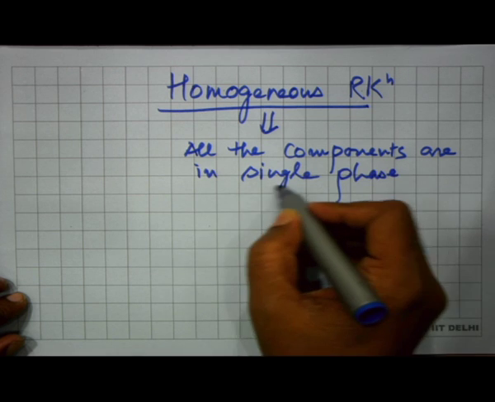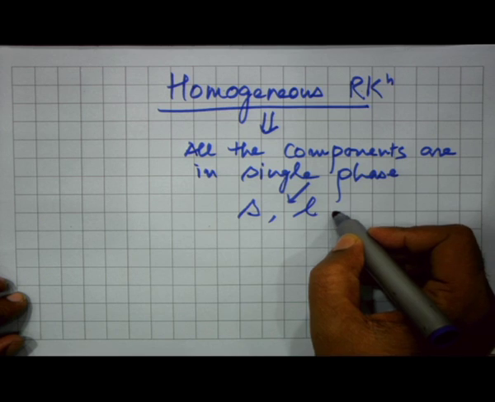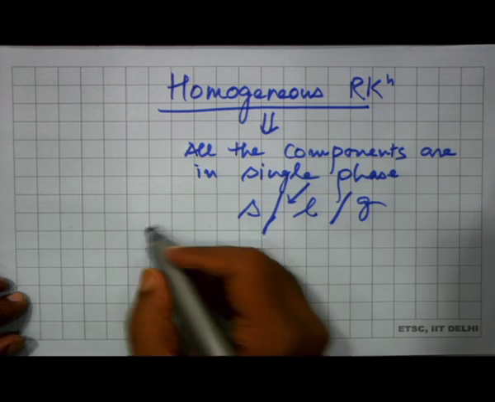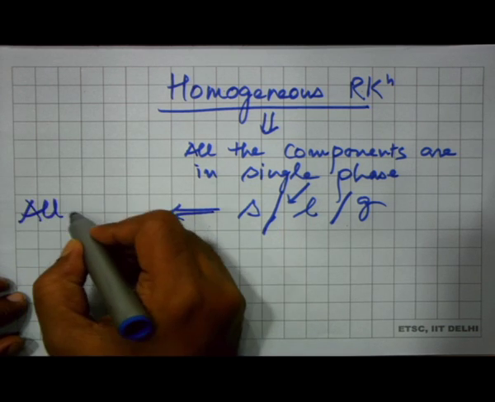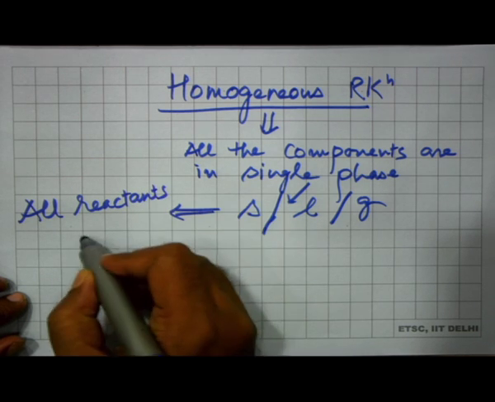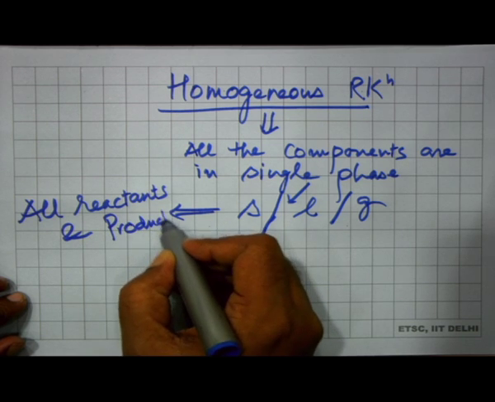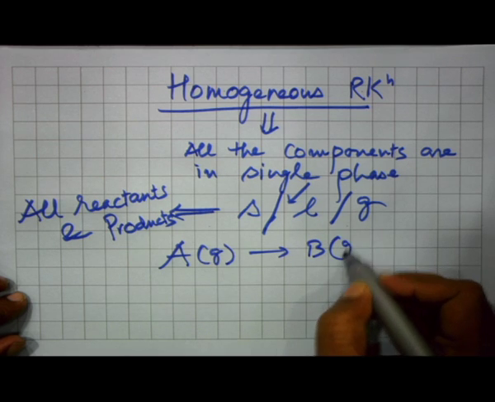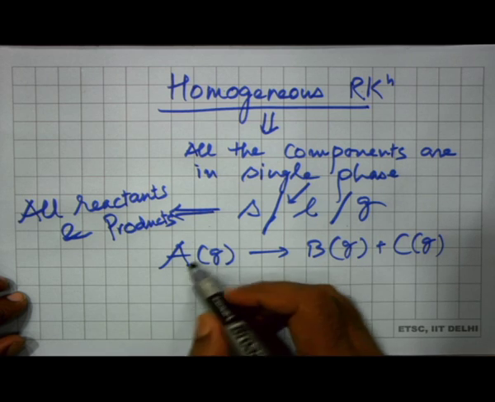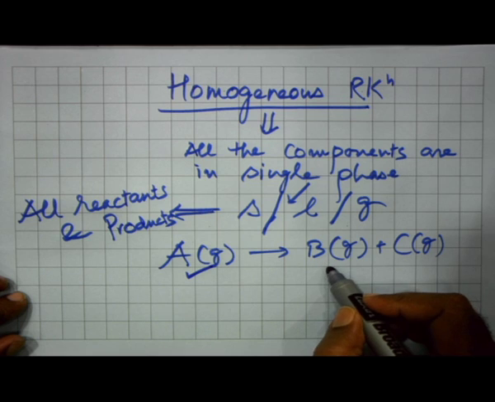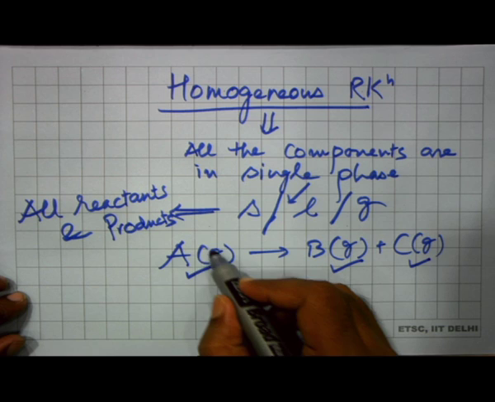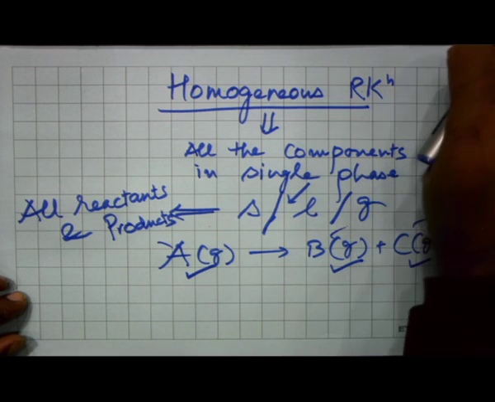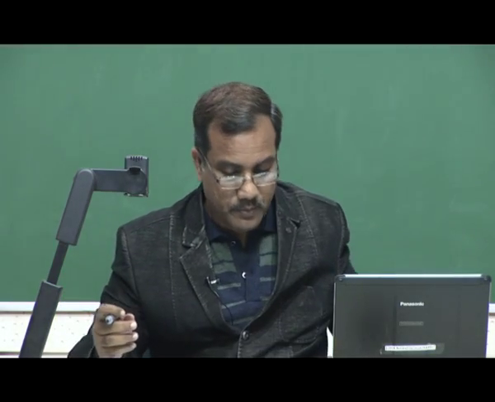What I mean by single phase is that it is either in solid form, or liquid, or gaseous form. For example, if I take a reaction where A in gaseous form goes to B in gaseous form plus C in gaseous form, all reactants and products A, B, C are in the gaseous phase. This kind of reaction is called a homogeneous reaction.